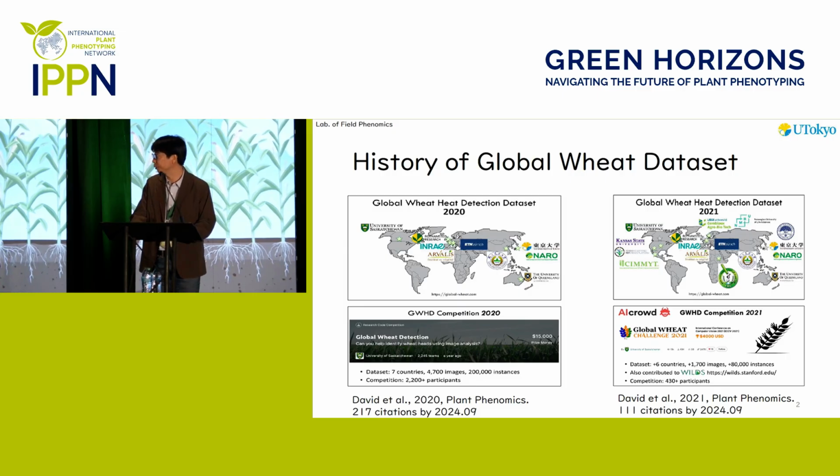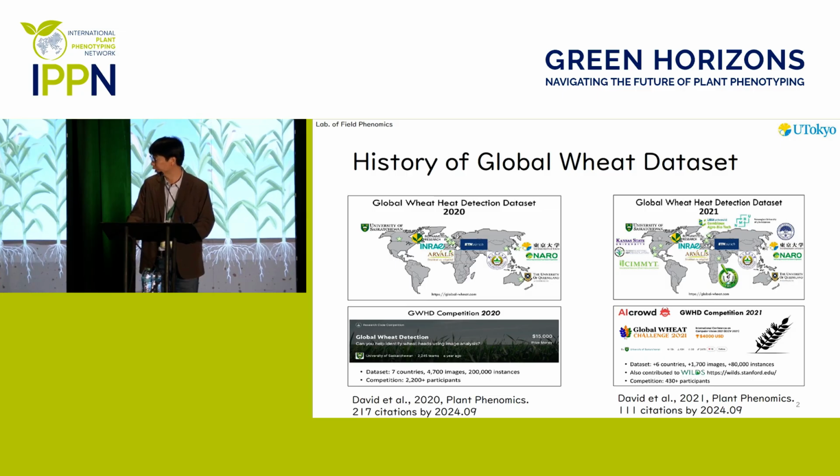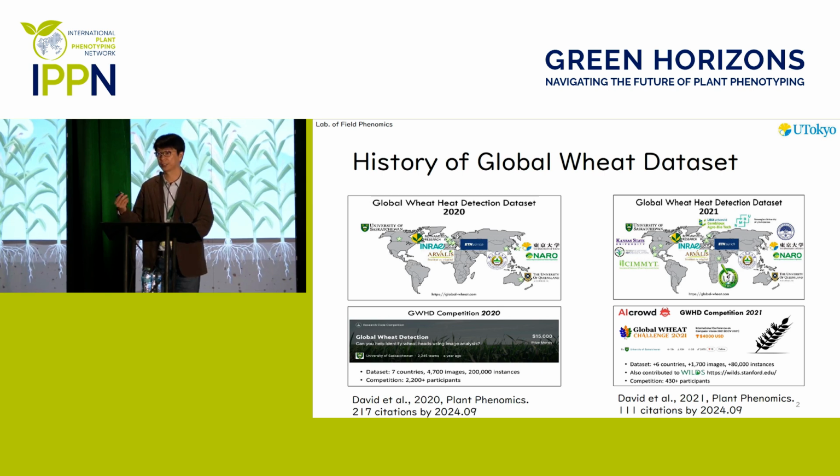In the initial version, 7 countries got involved. It only focused on head detection, and we ran the competitions very successfully. We got a lot of citations from all over the world. People like this dataset. It also became a standard dataset in YOLO.